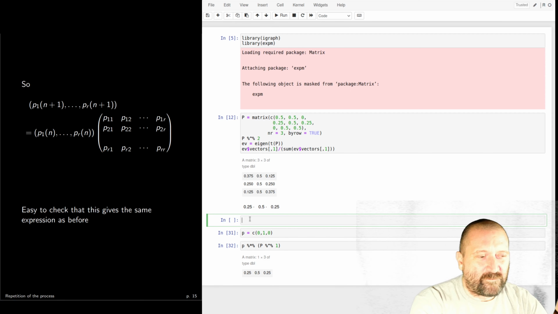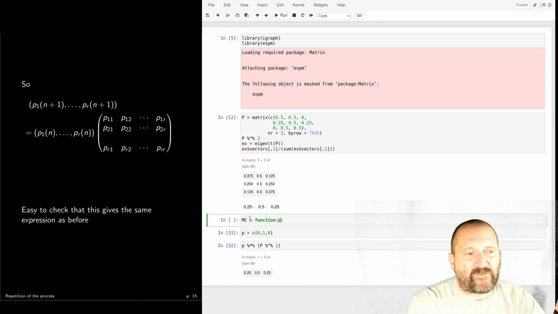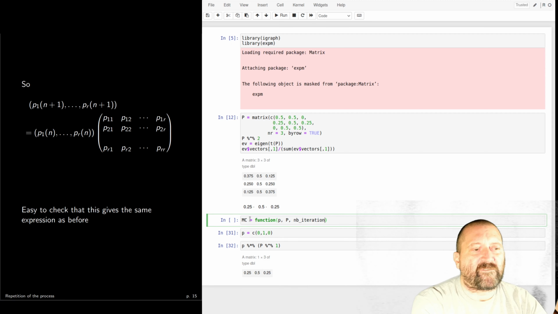So we're going to make a function, so let's call it a Markov chain. I'm going to give it an initial vector, p, which is going to be where I start at. I'm going to give it a transition matrix, capital P, and I'm going to give it a number of iterations, let's say, number of steps.